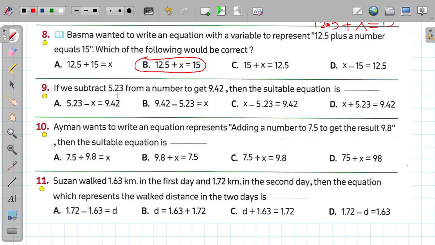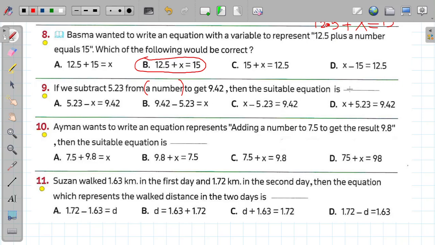If we subtract 5.23 from a number, so the number here is the biggest one, and I subtract 5.23 from it. So I will write the variable that represents that number as the first one.